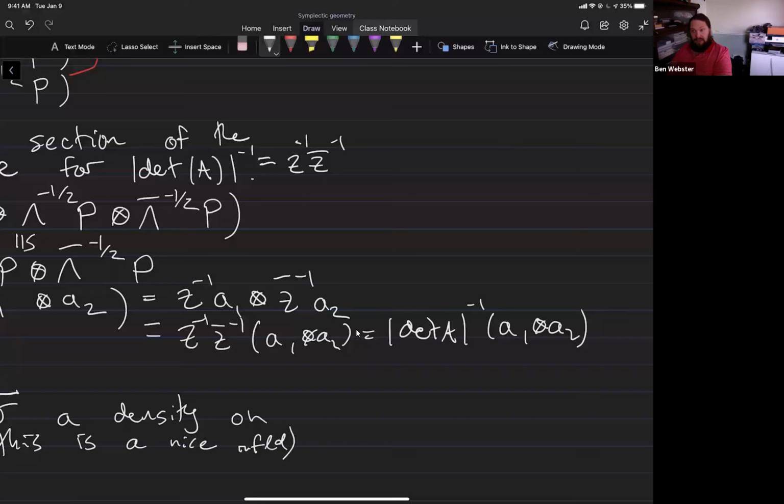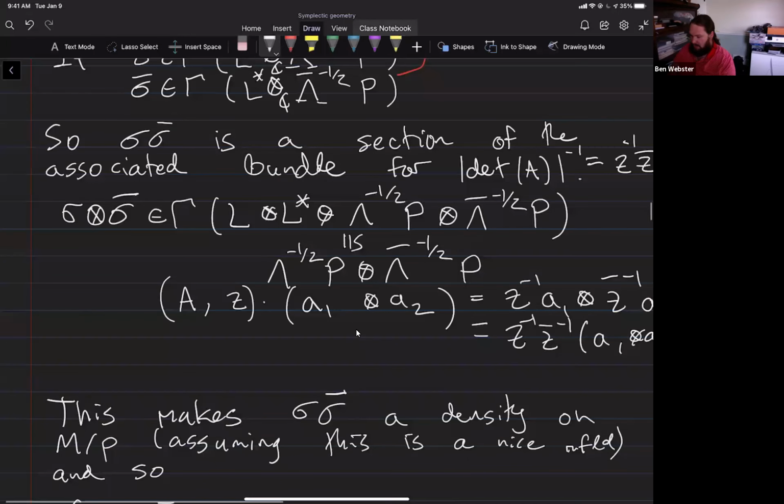And so exactly what this is telling me is these define a density. Because this is exactly the factor I would want to multiply by to say, no matter what coordinates I use, the integral of this over an open subset is well defined.